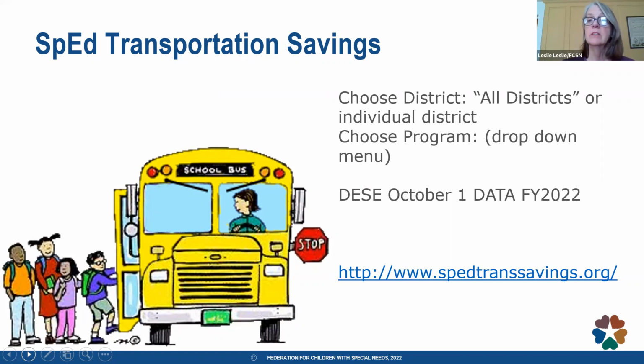So it just offers an understanding of where some of the out-of-district placements are, not identifying individual students, but the programs that may be part of your school district's out-of-district placement. Interesting website that you can explore.